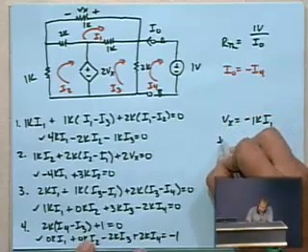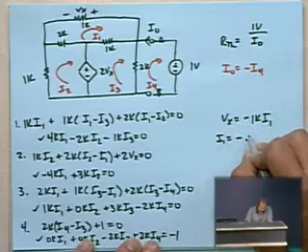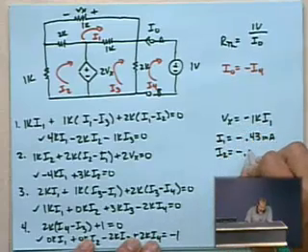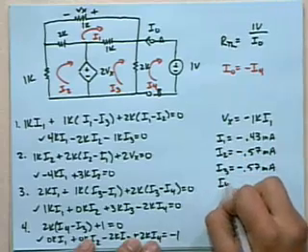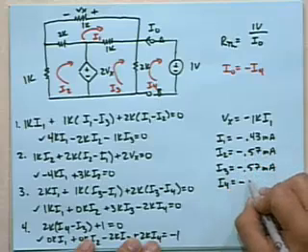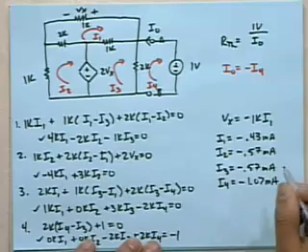What I'm getting is that I1 equals negative 0.43 milliamps. I2 is negative 0.57 milliamps. I3 is also negative 0.57 milliamps. And I4 was negative 1.07 milliamps.